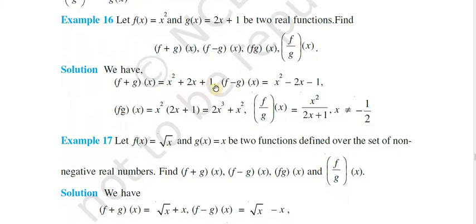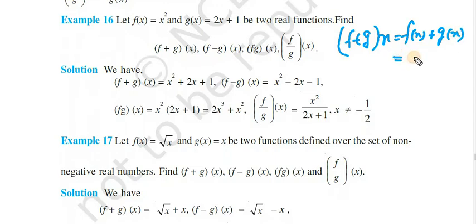From the definition, (f plus g)(x) is f(x) plus g(x). But f(x) is x squared, it is given. What is g(x)? 2x plus 1. So this is x squared plus g(x).